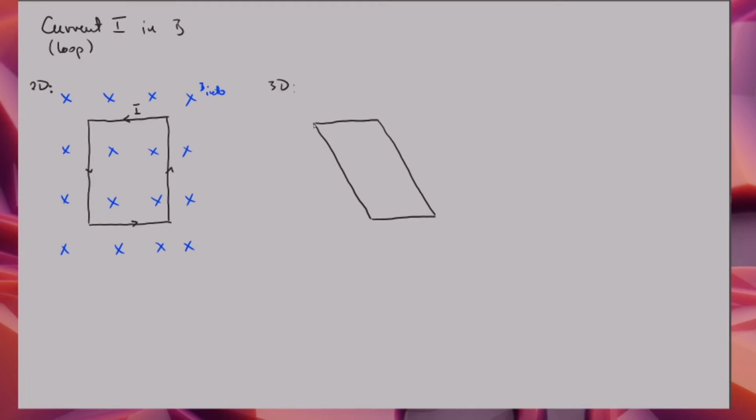Now, I'm going to label some points. So here's point A, here's point B, point C, and point D. So of course, here I would have A, here I would have B, here I would have C, and then here I would have D.